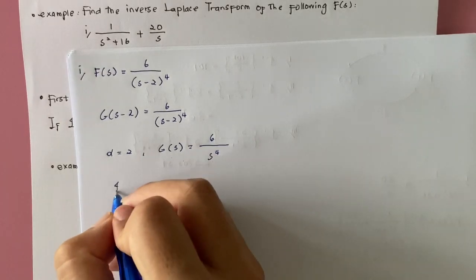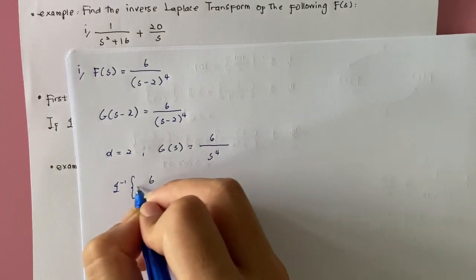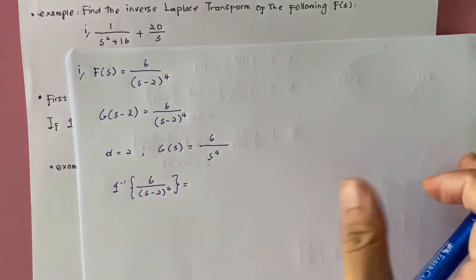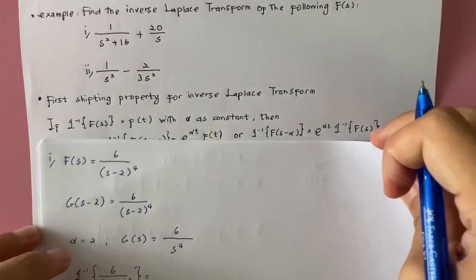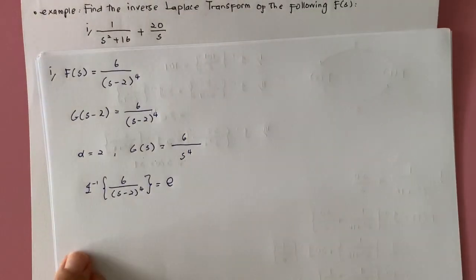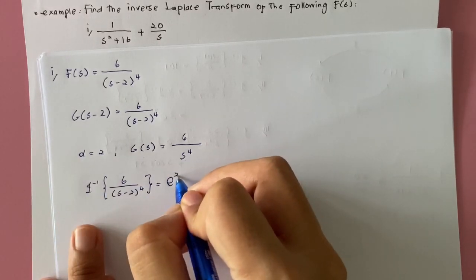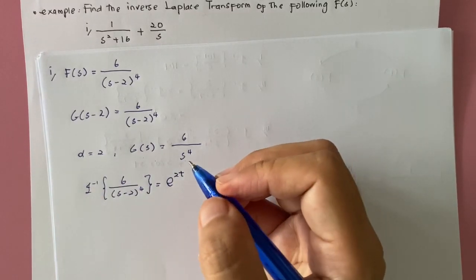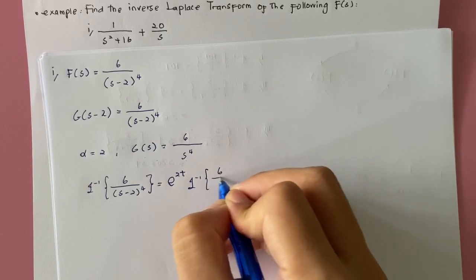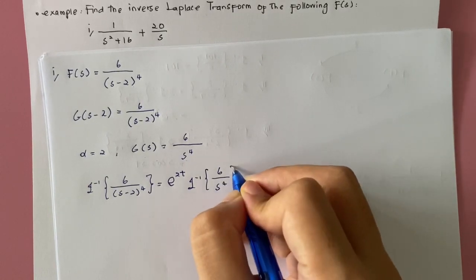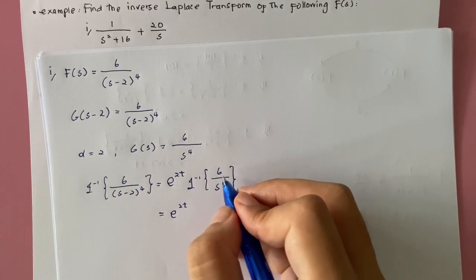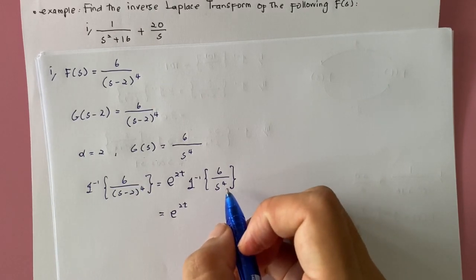So the inverse Laplace of 6 over (s minus 2) to the power of 4 is equal to e^(2t), since your alpha is 2, and then find the inverse Laplace of 6 over s to the power of 4.